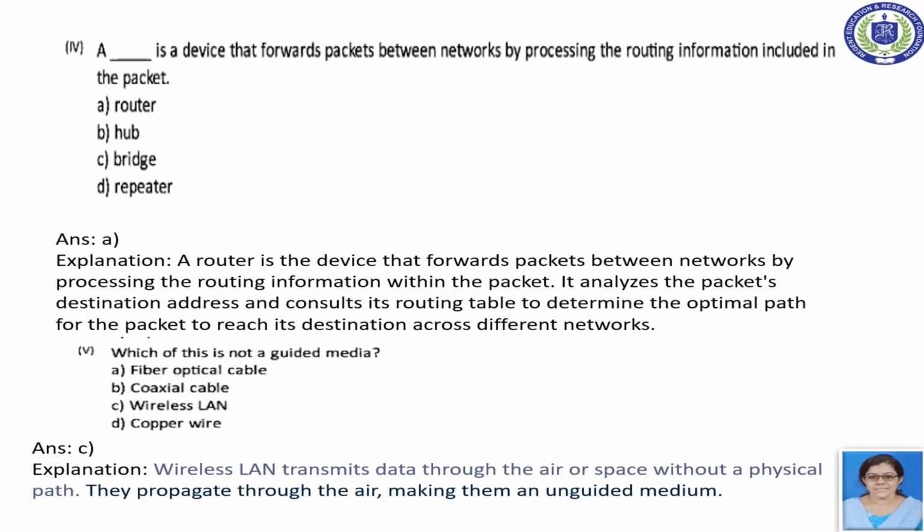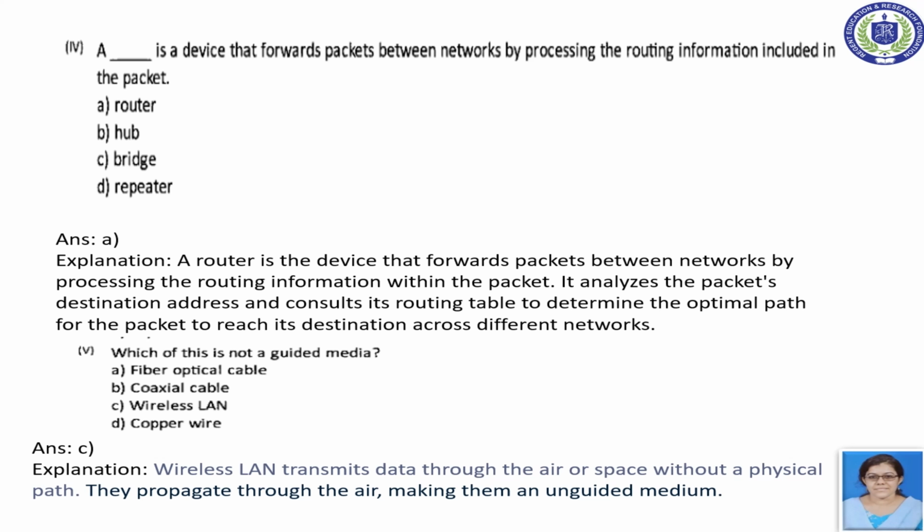It helps to identify the destination address where the data can be sent, and it manages the data table to determine the minimal path that a packet takes in this communication process to reach its destination throughout the network. So the right answer is router.